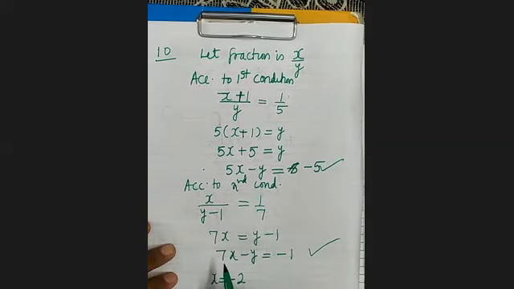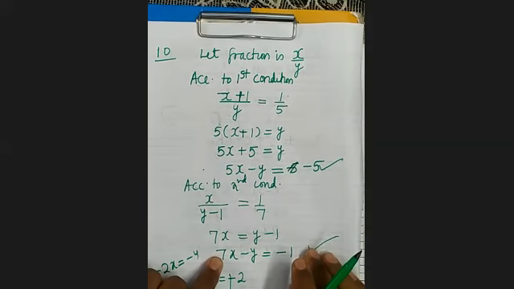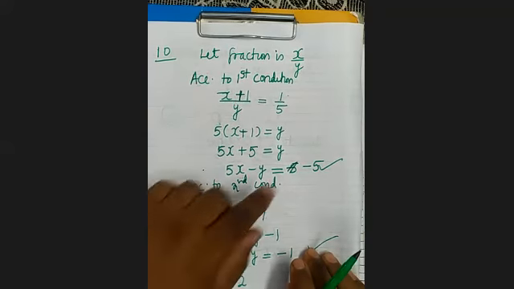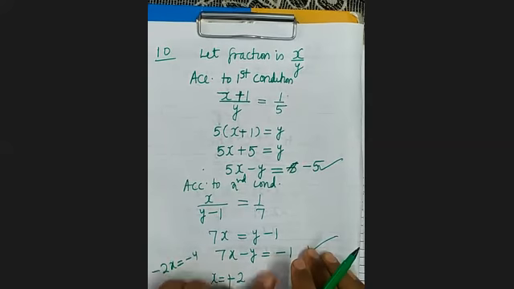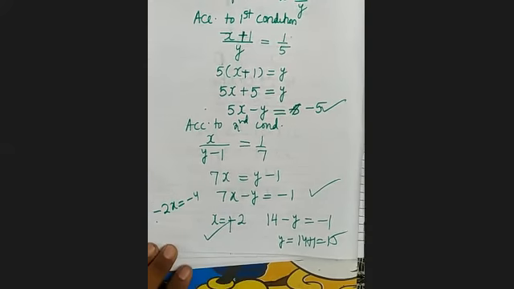When you subtract, you get minus 2x equals minus 4, so x equals 2, not minus 2. When you subtract 5x minus 7x, it is minus 2x, and minus 5 minus minus 1 is minus 4. So x equals 2. Substituting here, 2 sevens are 14, 14 minus y equals minus 1, so y equals 14 plus 1, that is 15.